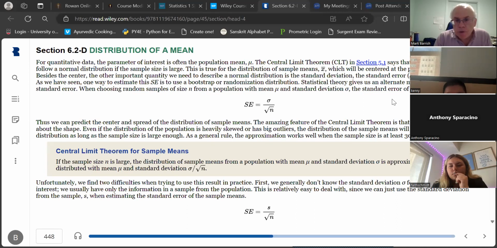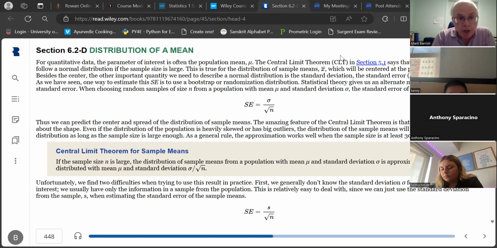All right, so this is section 6.2. You might have noticed that if you look at the textbook, each of 6.1 and 6.2 is divided into 3 sections. One that describes the sampling distribution. In 6.1, it's the sampling distribution of sample proportions.